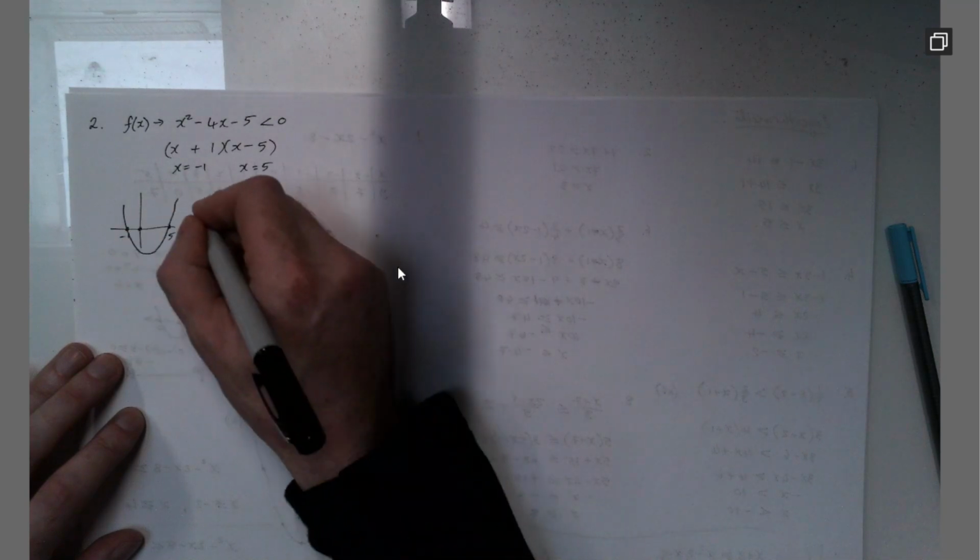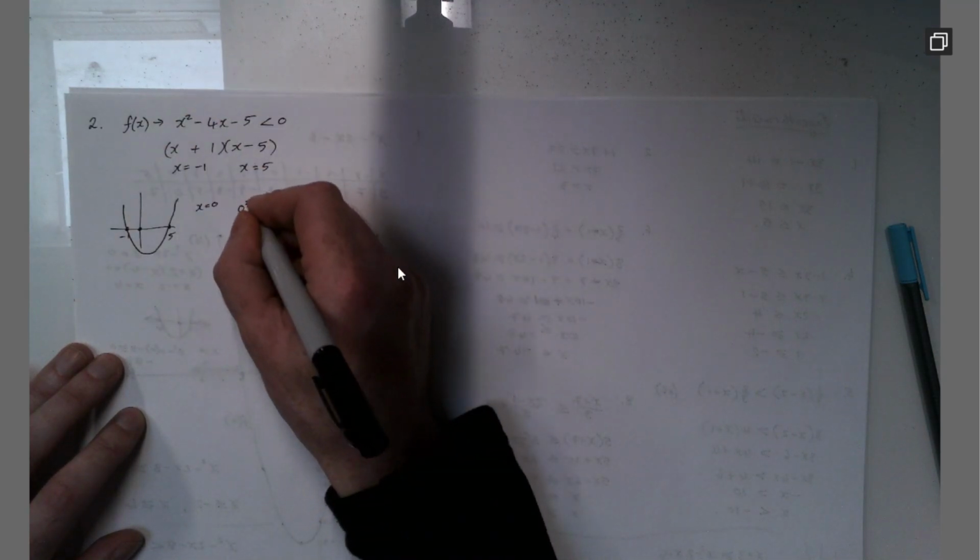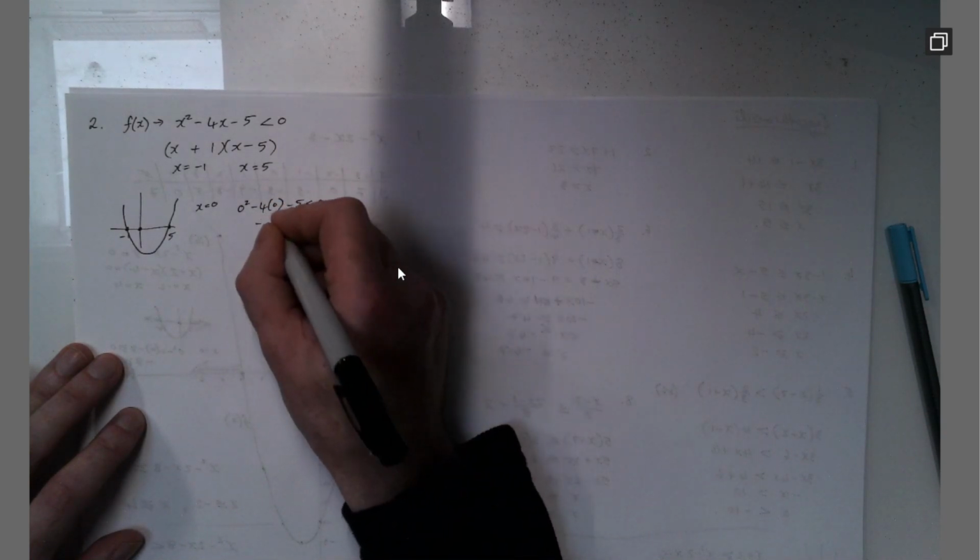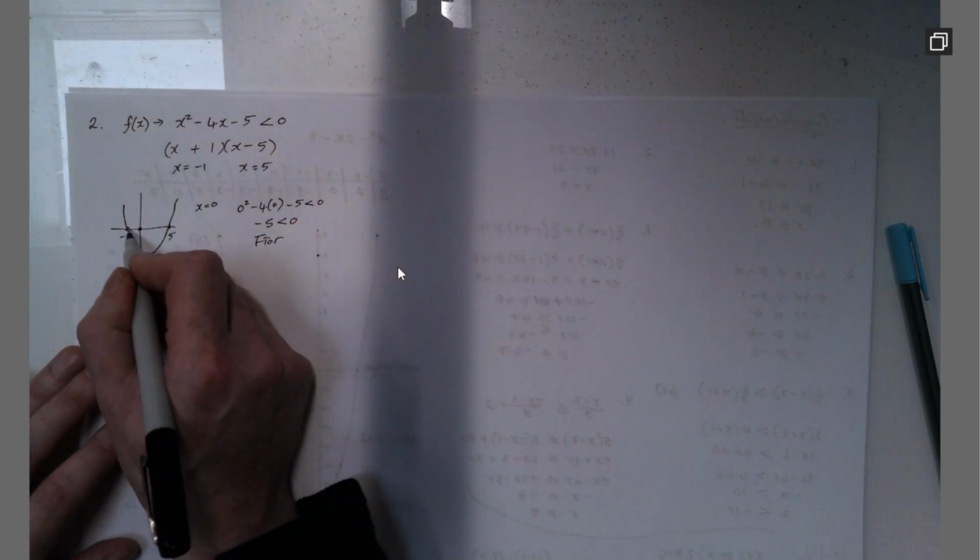So we have 0 squared minus 3 times 0 minus 4 is greater than 0. Minus 4 is greater than 0, that's false. So therefore, test 0 is not part of the answer. So that means your solution is not between the 2 points.